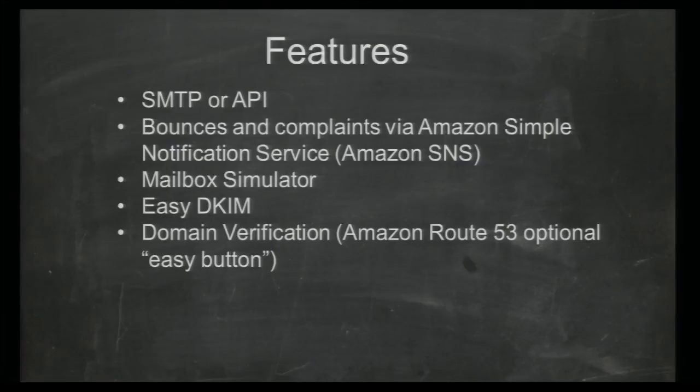And then finally, domain verification. If any of you have used Amazon SES, you're probably aware of what the verified identities concept is. We're fanatical about protecting people's mail streams and ensuring that only you can send from yourself, right?